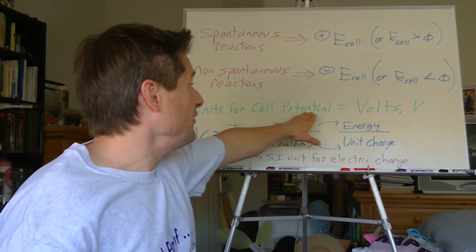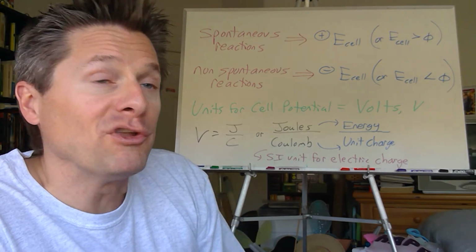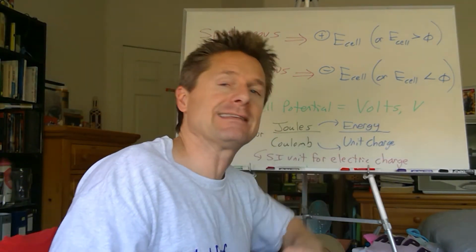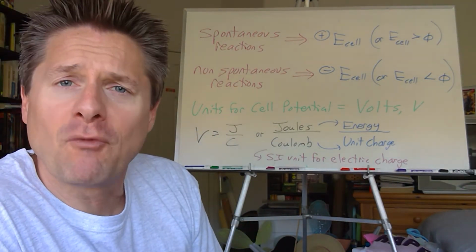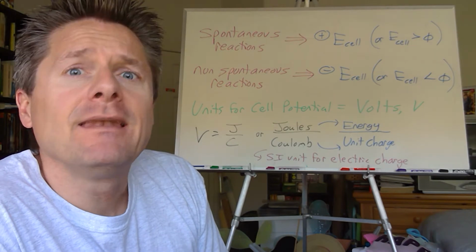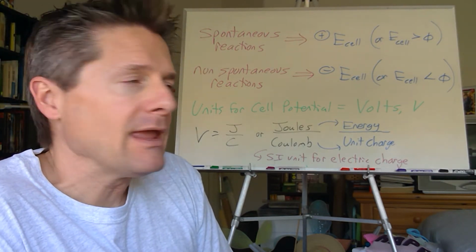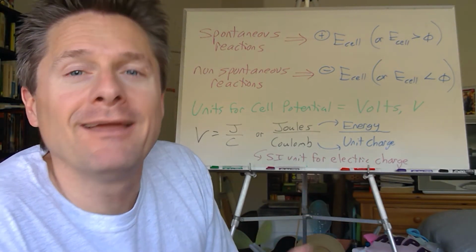The units for cell potential are called volts. That's why a lot of people call it cell voltage, that potential difference, the driving force for the electron flow. And it has the symbol capital V. I'm sure you've heard about that if you've ever stuck a fork in a socket as a kid, or ridden your bike full speed into an electrified barbed wire fence, just theoretically.